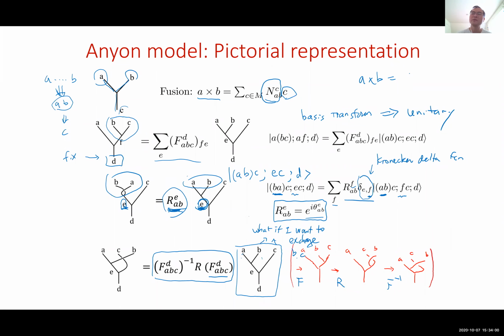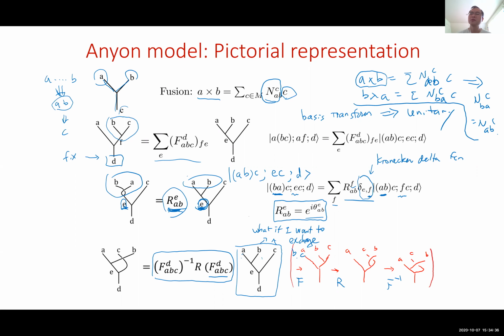Fusion, we don't care about which one is on the left and which one is on the right, because this is just talking about what the product is. B and A would also fuse to C, if you want, so this is A, B, C and B, A, C, but we basically say that this N matrix is symmetric.